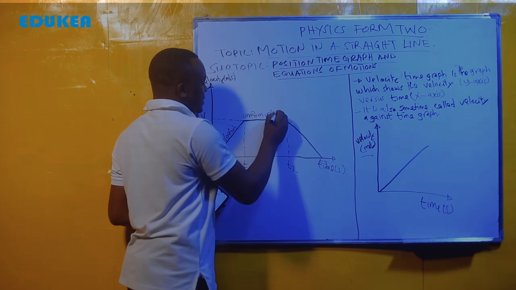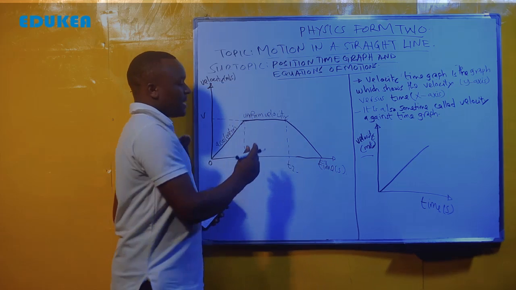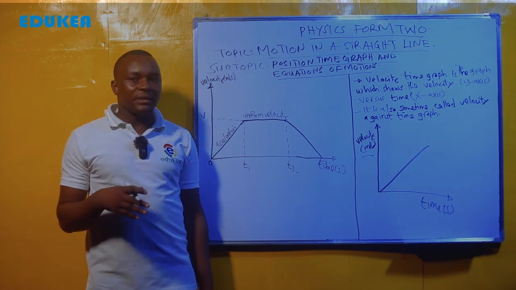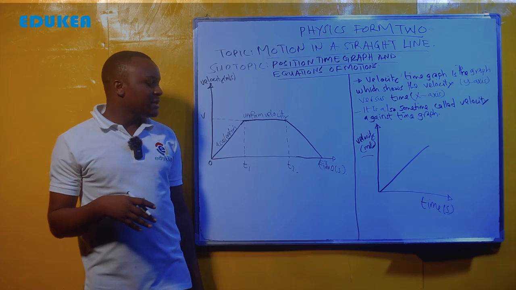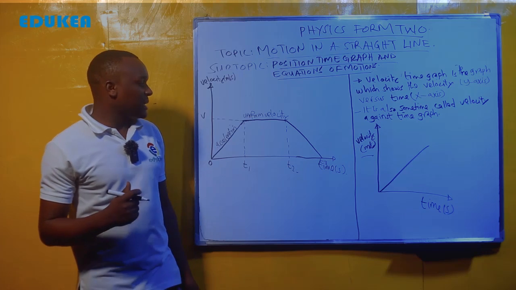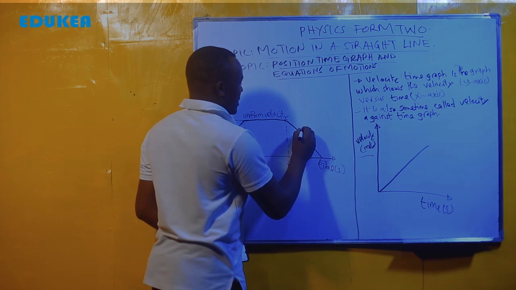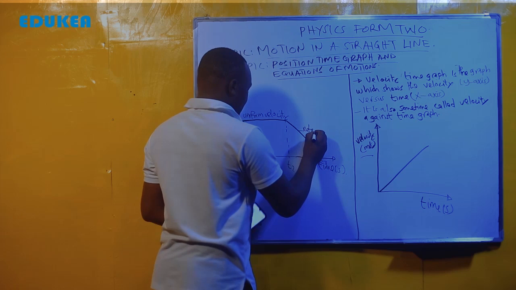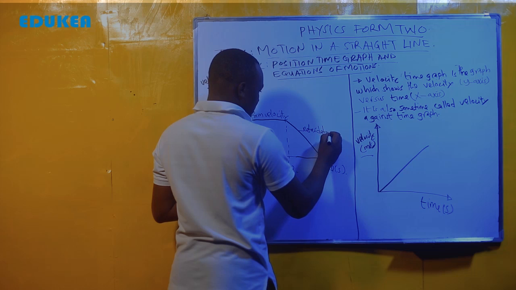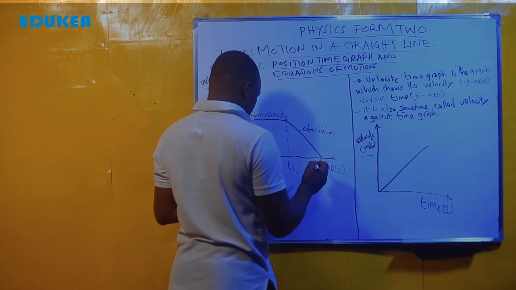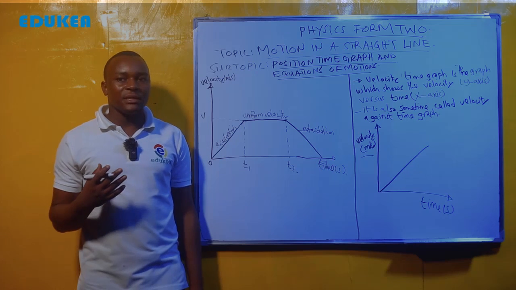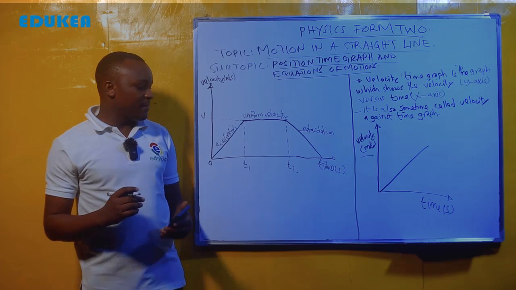And the point where the body returns to its ground state, or the original position, we call retardation. So that is how you can represent the velocity time graph of any object or car which is in motion.